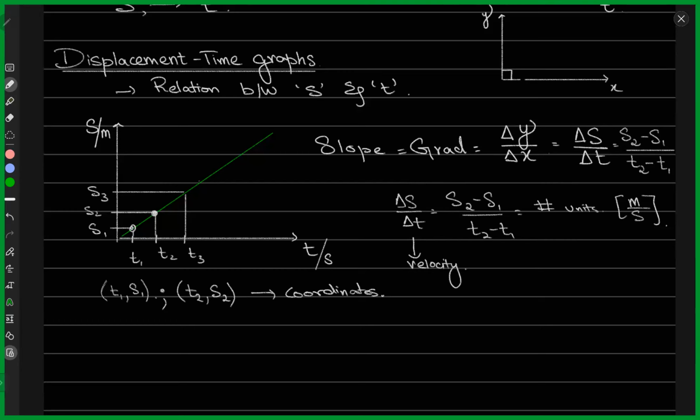And of course it is, because remember that velocity was defined as change in displacement divided by change in time, which means that once I compute the slope or the gradient of my displacement time graph, it will give me the velocity of the object for which I drew this displacement time graph. So how fast is the displacement changing as time passes on? That's the slope of a displacement time graph.